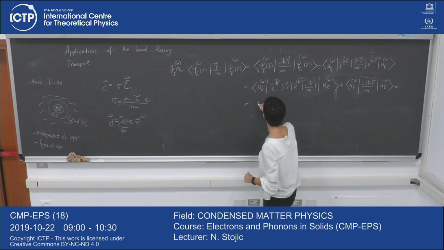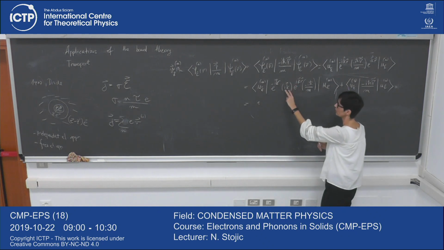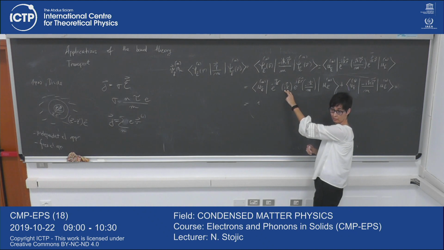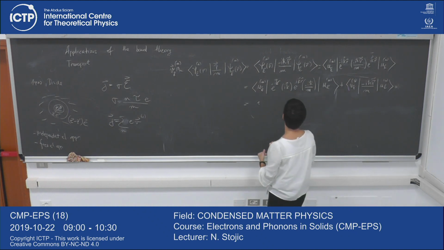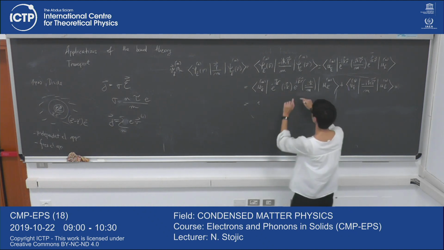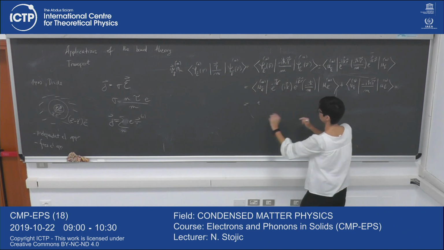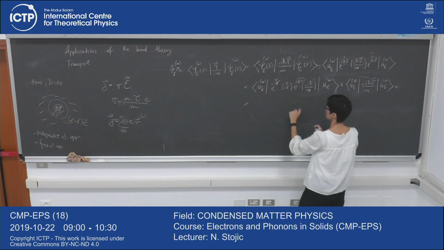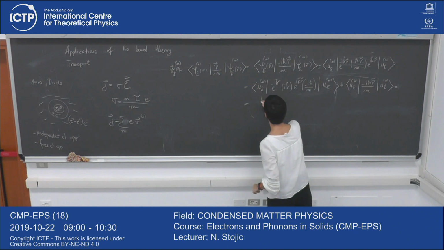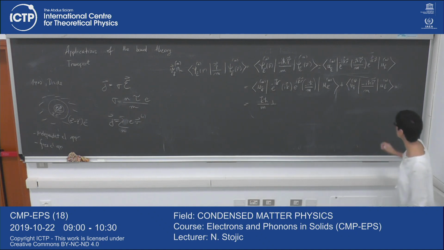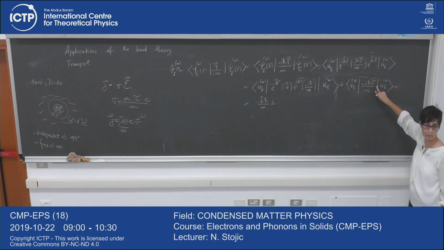I'm getting the expectation value of ik, which is a constant. I can just take it as ik. And then I multiply i and i, get minus i times i is 1. I'm getting ħk over m, plus this is p over m.